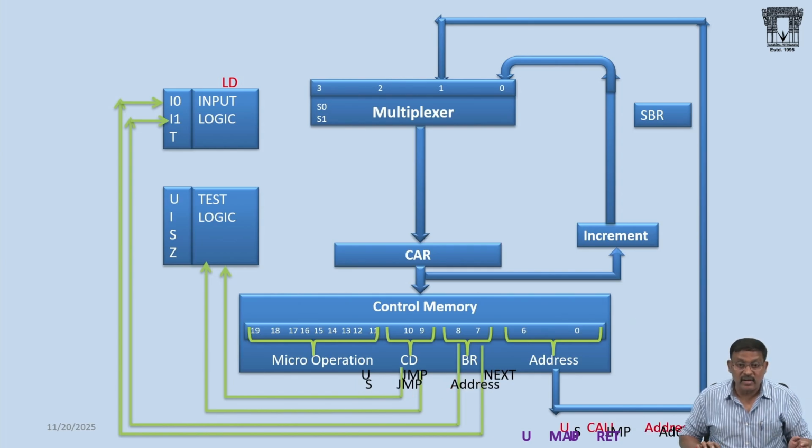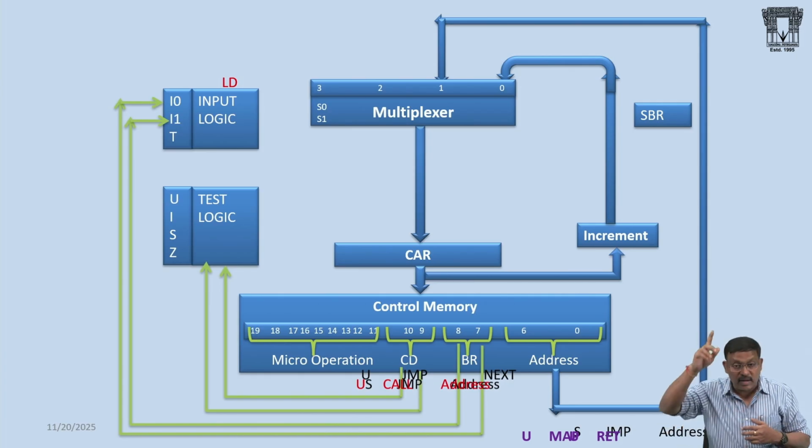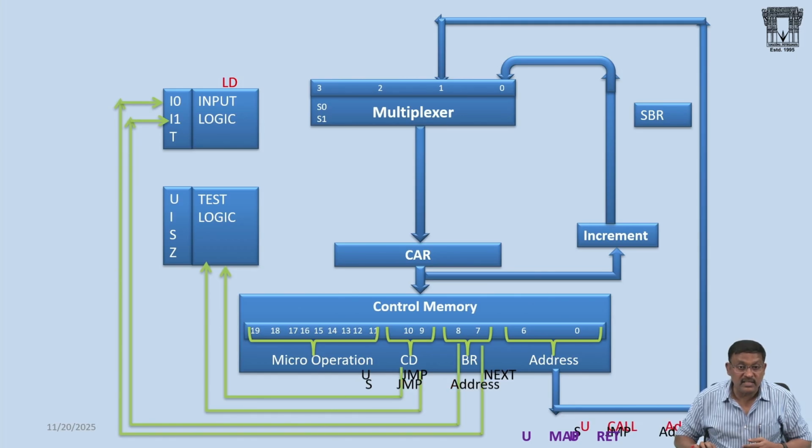Look at this one. What is my next address? The subprogram address. That is represented in the current micro instruction format. You got my point, right? I will check it out. Is this working out? Unconditionally call the subprogram address.